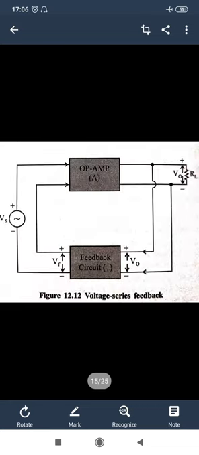So first, when we take the example of voltage series, that is basically the op-amp in non-inverting configuration with feedback. So here we take the output in terms of voltage and via the feedback element give it in series with the input voltage source. That is the example of non-inverting feedback for voltage series topology.